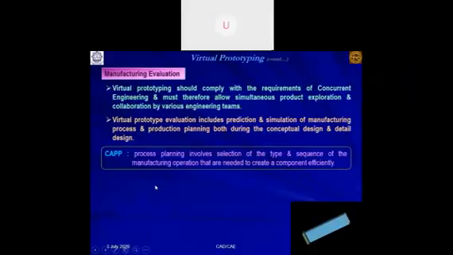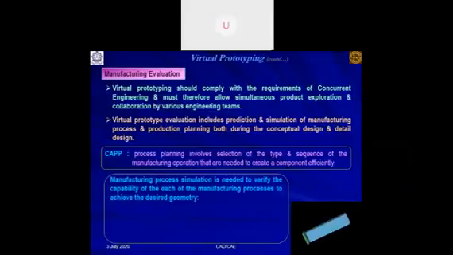Process planning involves the selection of the type and sequence of the manufacturing operations that are needed to create a component effectively. So manufacturing process simulation is needed to verify the capability of each of the manufacturing processes to achieve the desired geometry and the desired quality of the product.